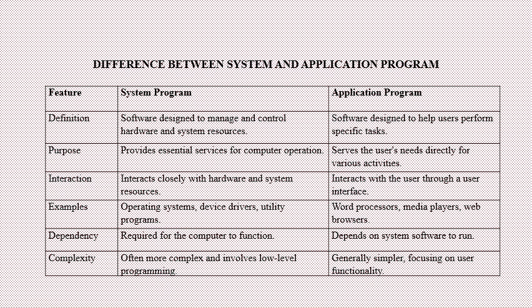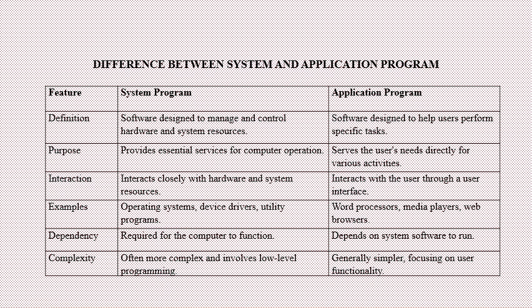This dependency is required because system programs are mainly instructions for the interpreters of the computer. Well, application programs are just dependent on the system software, because once it meets all the necessary software compatibility and so on and so forth, that program will be ready to run at any point in time.